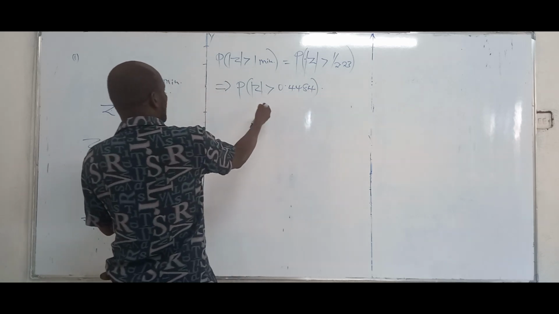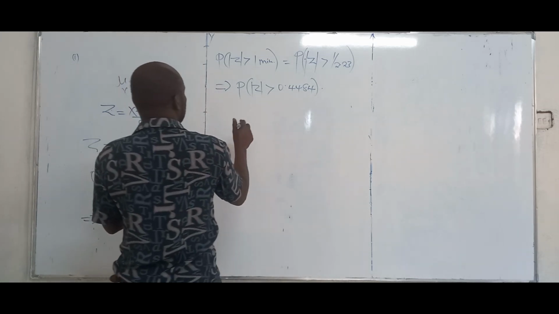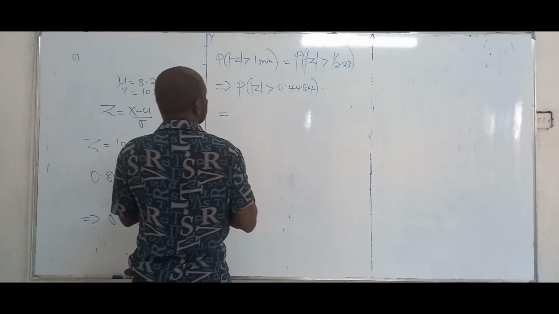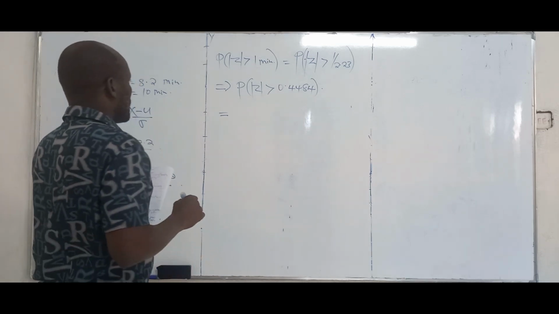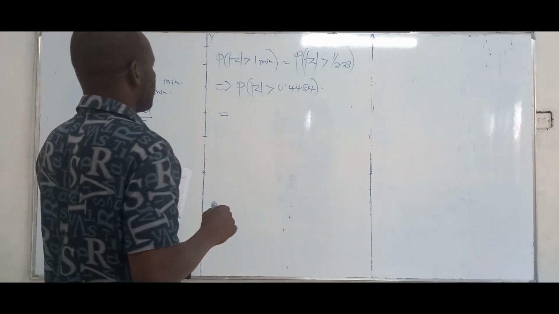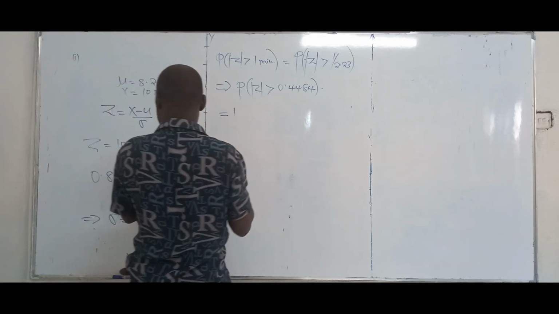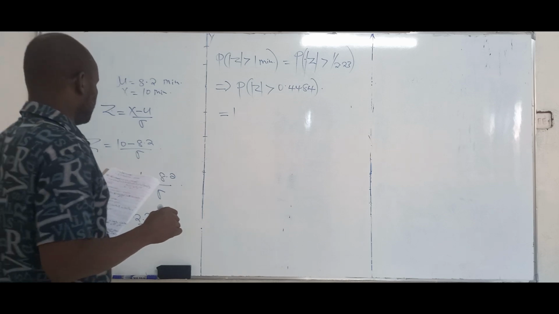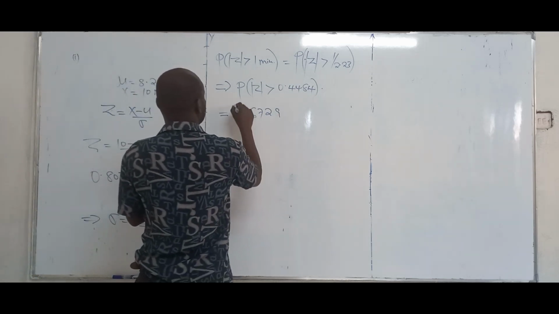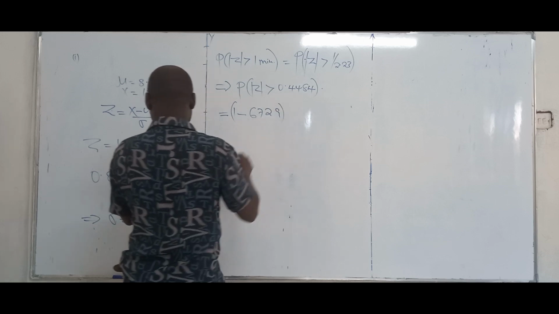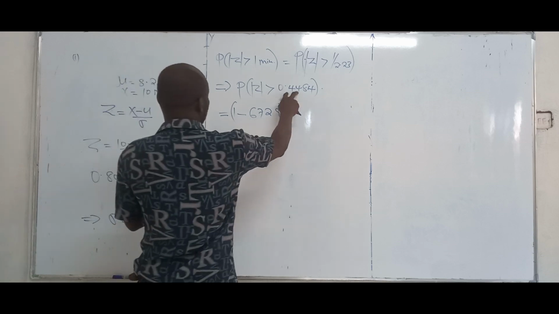Now we want to define the probability that is associated with this. Now that probability will be given by 1 minus 0.6729, which is what we get here. That is what we get once we read this.